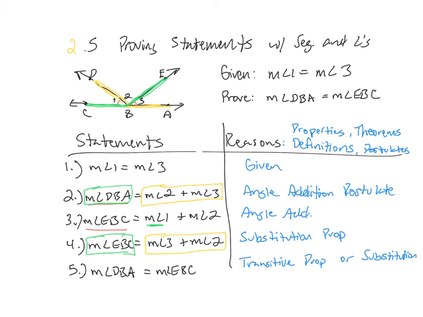Like the step above where it says substitution property, you could not put transitive right there. It doesn't make sense. But the bottom one, it does make sense. Okay, so not easy stuff by any stretch.